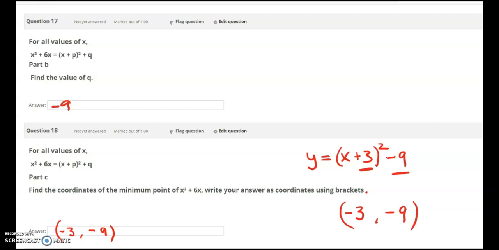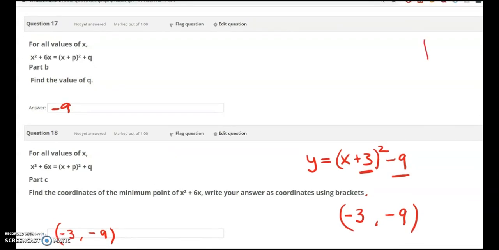If you want to see why this happens, you can help yourself by sketching graphs. You can compare this to the x squared function.